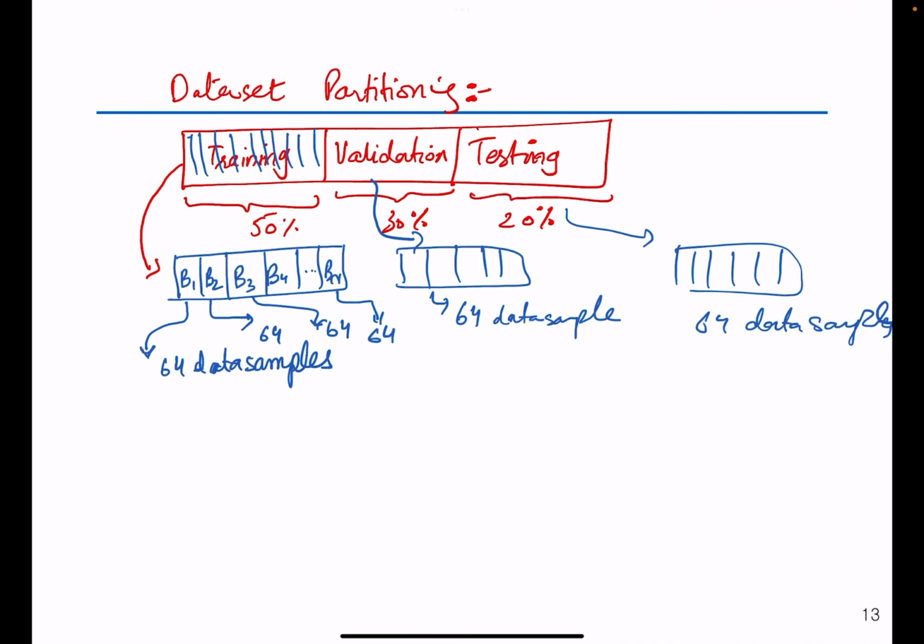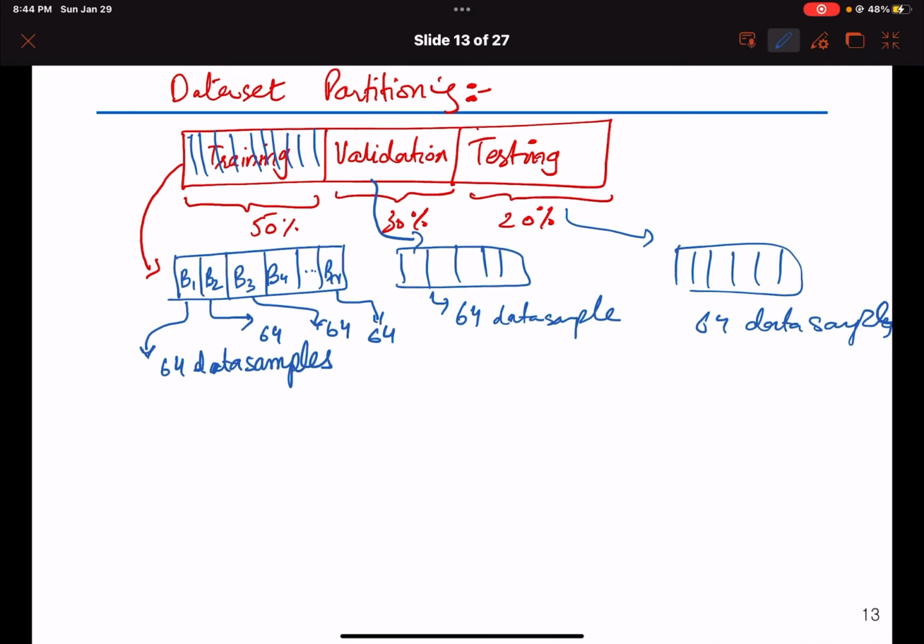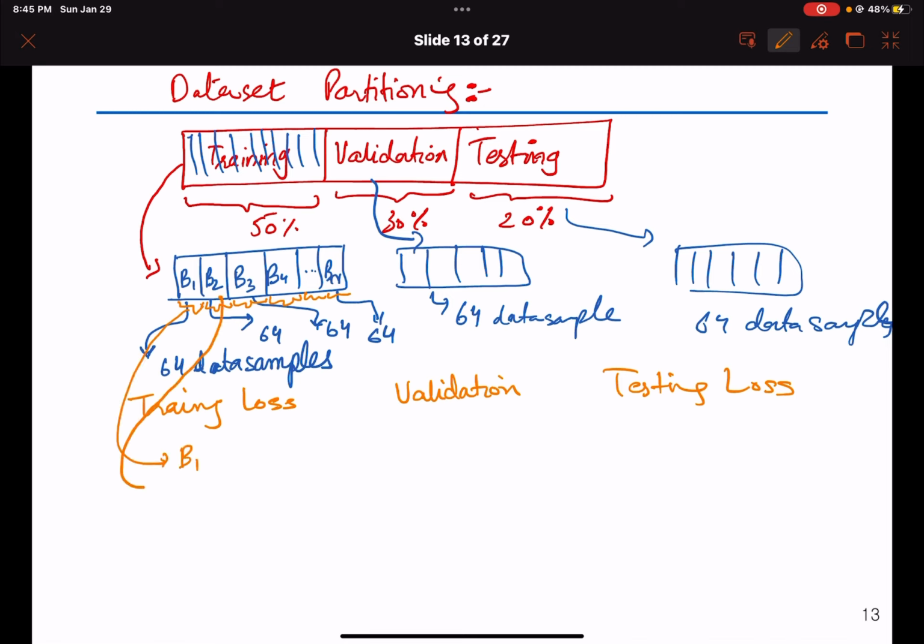And then comes the discussion about your training loss, validation loss, and testing loss. In the training time, each data sample is given one by one to your training model. First you give your first batch, then you give the second batch.